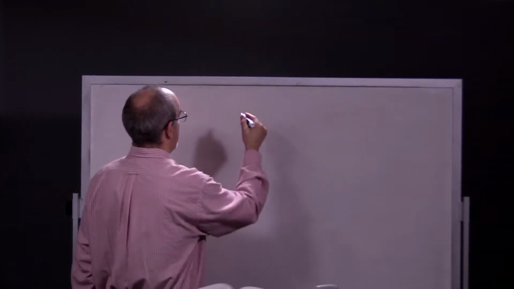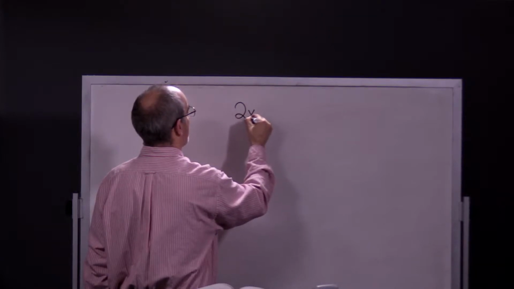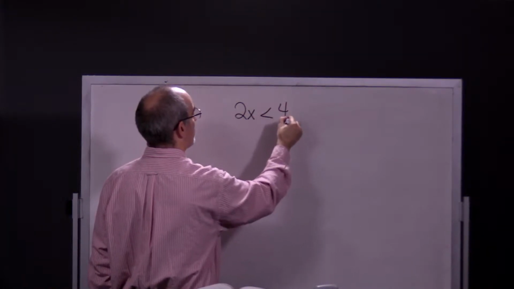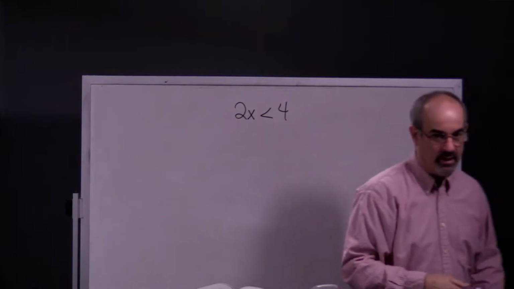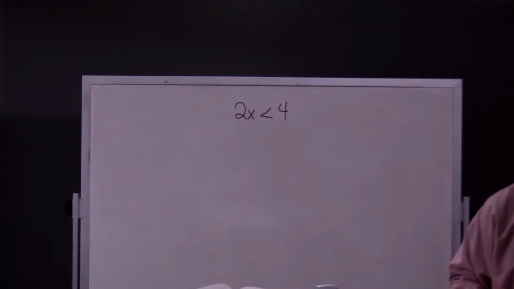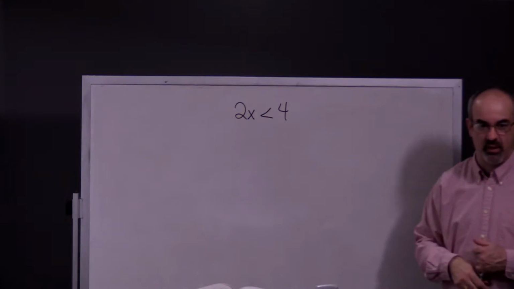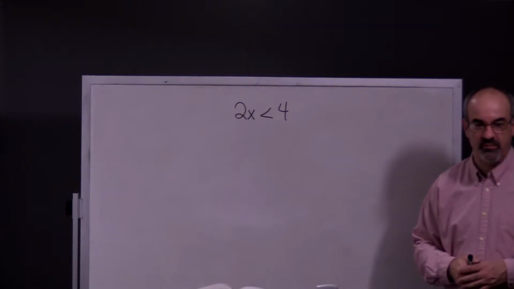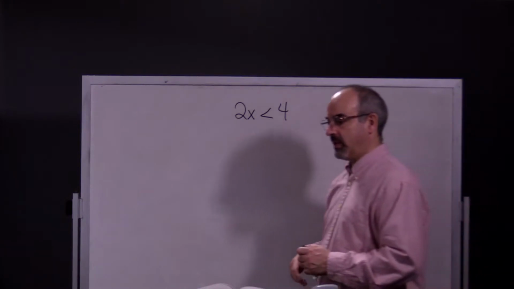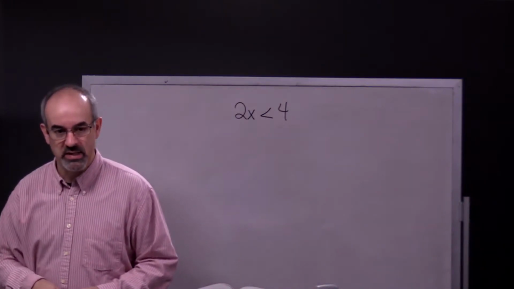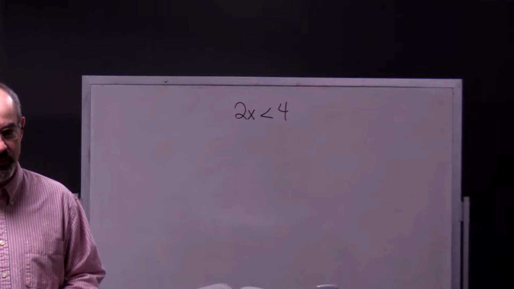Alright, let's just do an easy one first. Or like one with not that much going on in it. I won't say easy. So 2x is less than 4. We have to solve for what x is. Now, in an equation, if I said 2x equals 4, there'd be one answer.